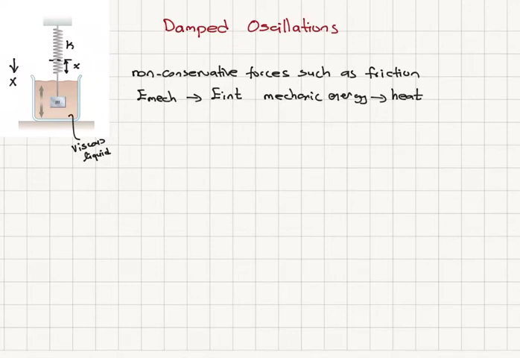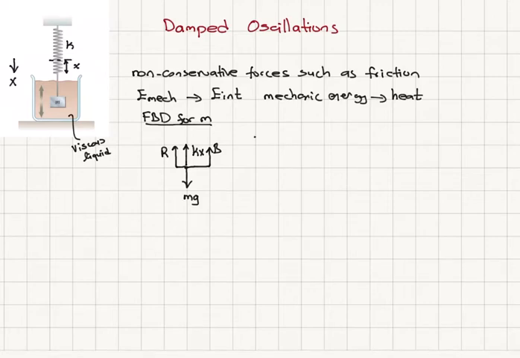So we can draw the free body diagram for m. What I see here is the weight of the object, mg. There will be a restoring force, kx. There will be a retarding force, R. And there will be a buoyant force, B. So let's talk about these forces.